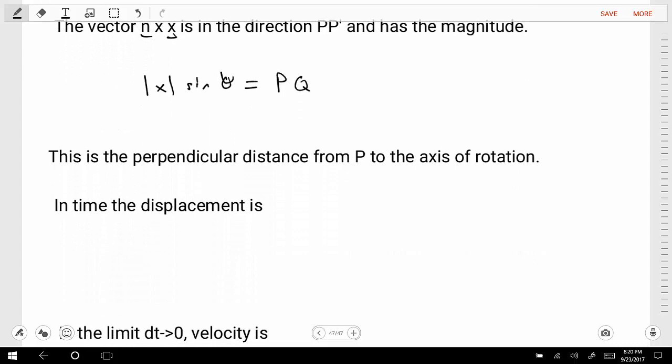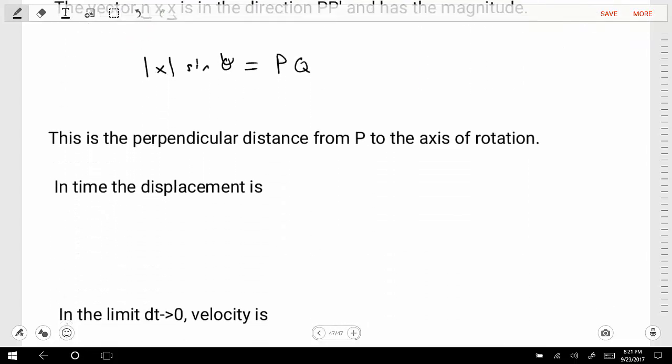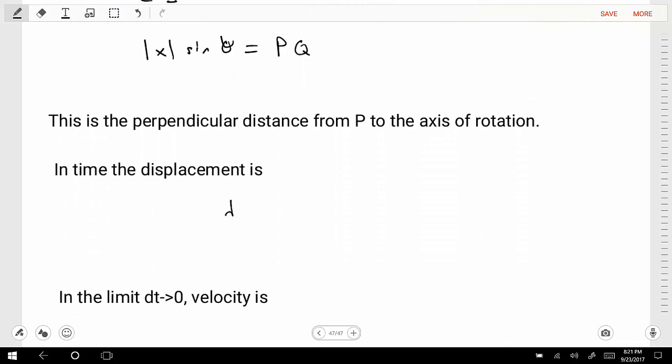So from this, if we then consider time, so we consider that the change in position from P to P prime is happening over some increment of time, then we can define what the displacement is of this particle in space. The displacement vector is going to be equal to the angular velocity about that axis of rotation, and the cross product of that with respect to the position and time, right?